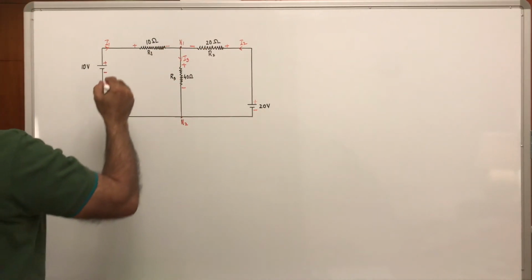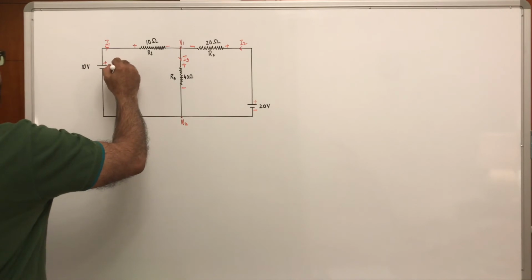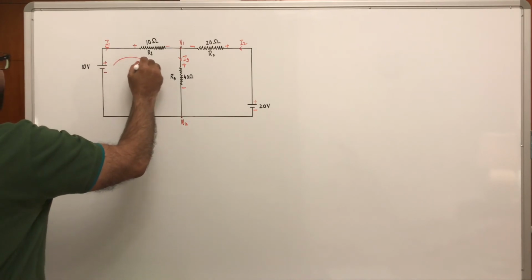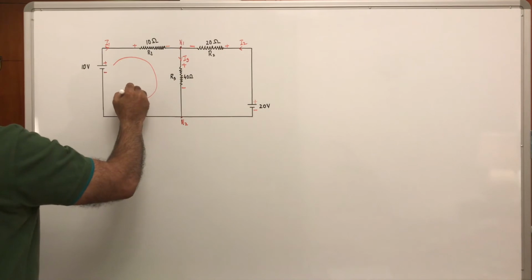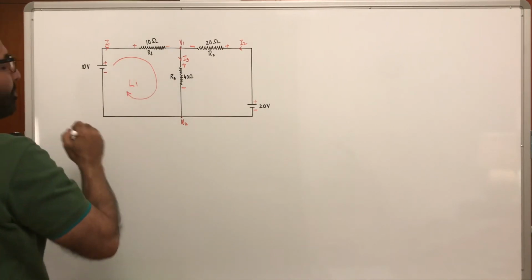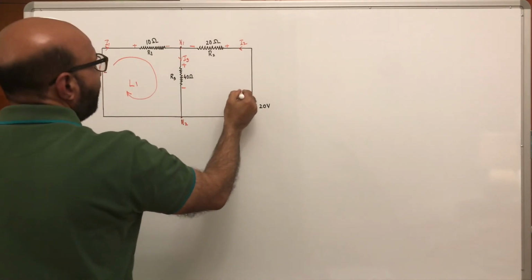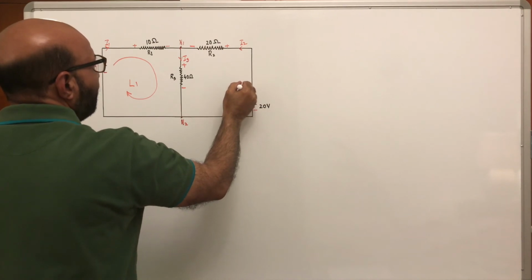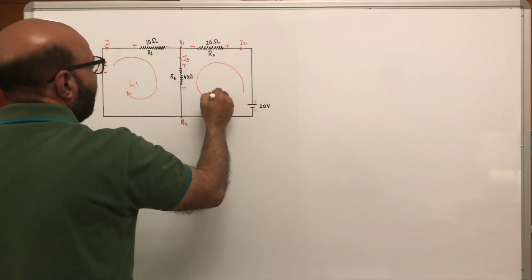And let's find out the direction of the loop. Loop 1, and here the direction of the loop is anti-clockwise.